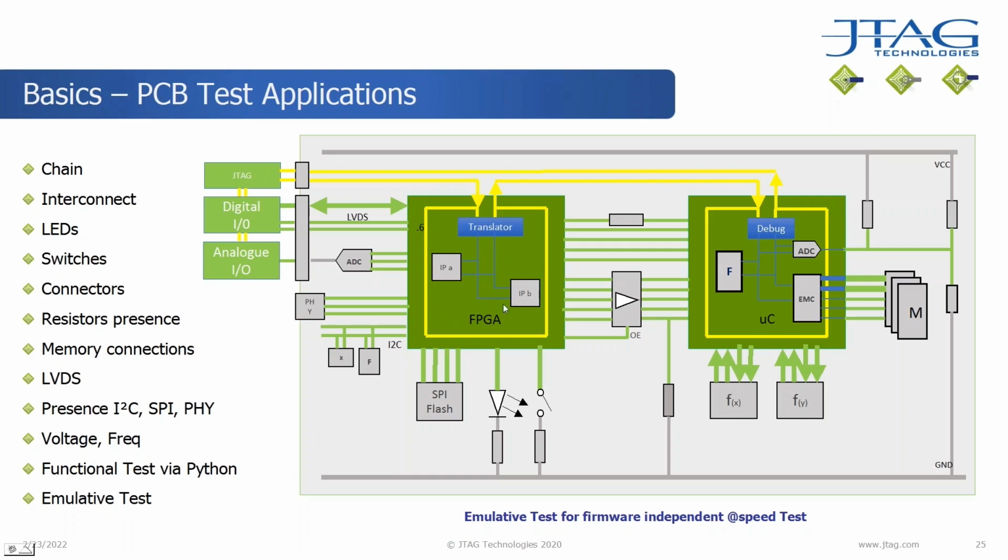So that's what we call Core Commander FPGA, but this is Core Commander processor over on the right-hand side. That's some added value over and above the original intention of the base boundary scan standard.